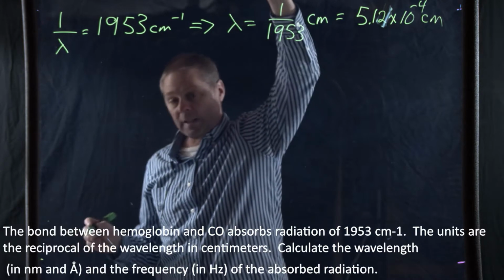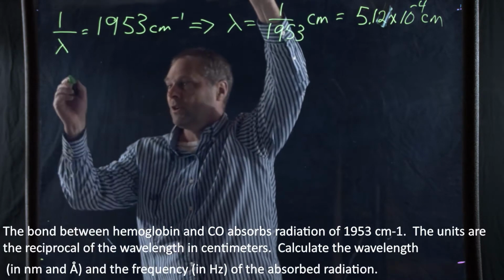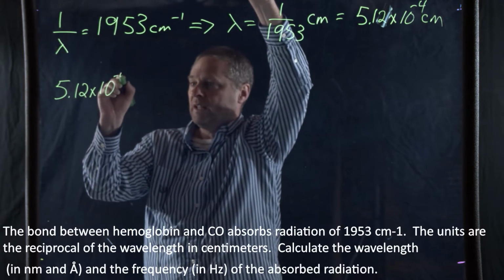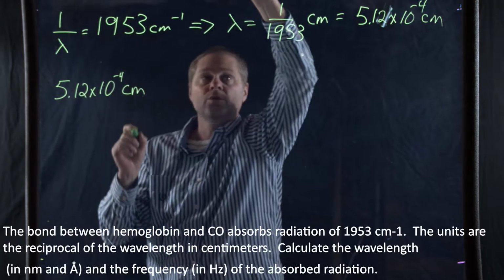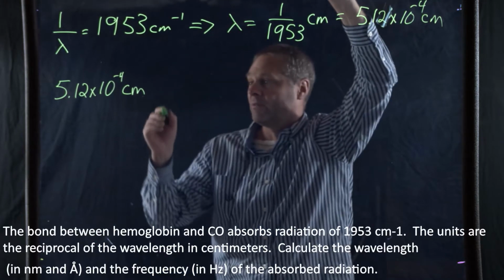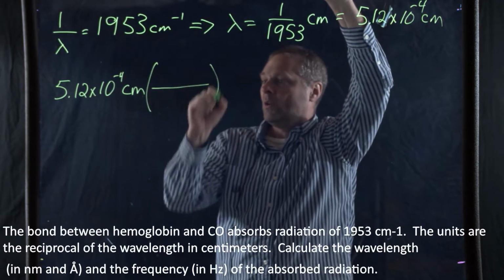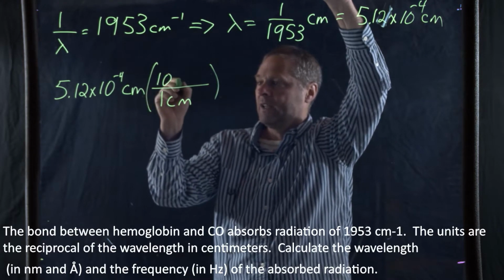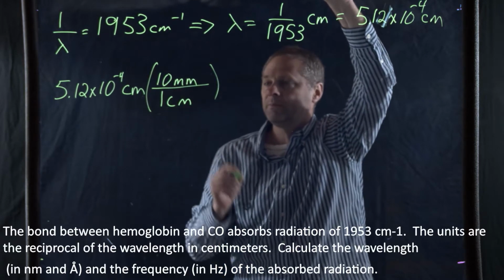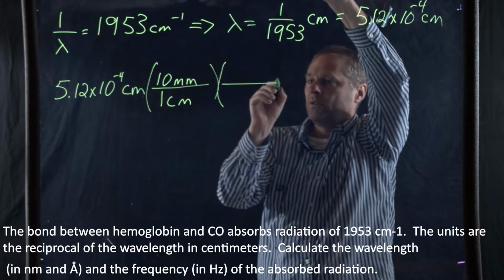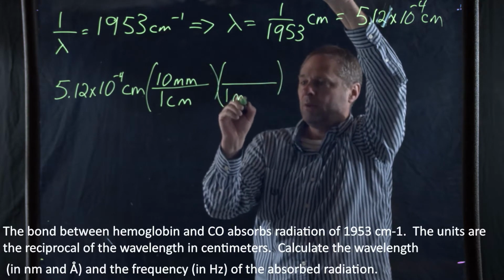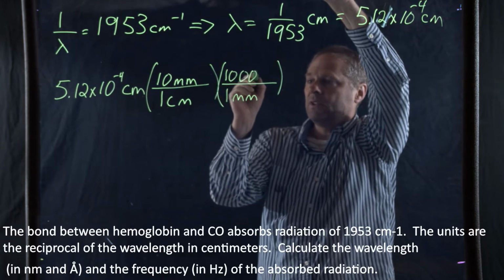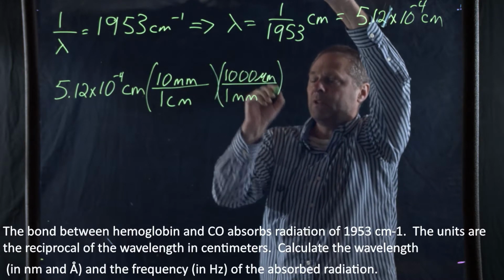Now, if we want to convert that into nanometers, we start with 5.12 times 10 to the negative 4th centimeters, which is our wavelength. For every 1 centimeter, there are 10 millimeters. For every 1 millimeter, there are 1,000 micrometers.